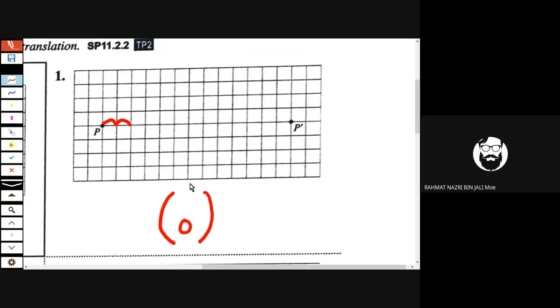Cuma di atas ini. Berapa petak kelas? Check box. How many boxes? 13. Okay, correct. Because P prime is located on the right of P, so we have to write 13, positive 13. We just write 13 only. So the answer is 13, 0.